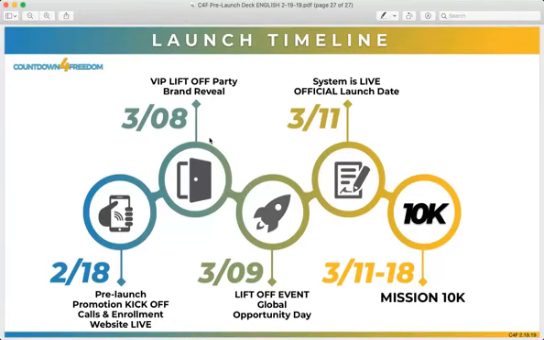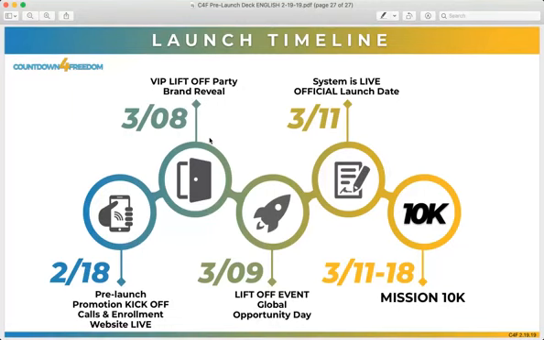There's only going to be one time where there's a first, and you will be able to tell your grandchildren that you were at the very first Countdown for Freedom live event where they revealed the brand and where we were set for takeoff. Then March 11th, we go live, and that begins Mission 10K.